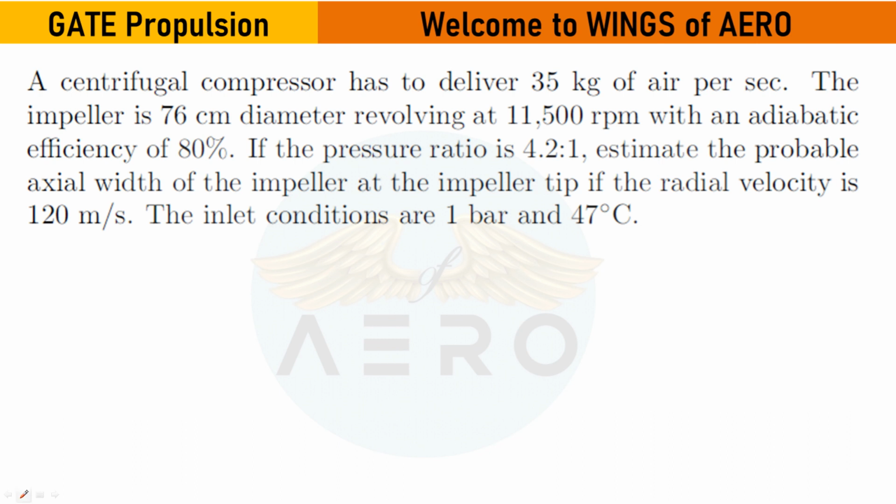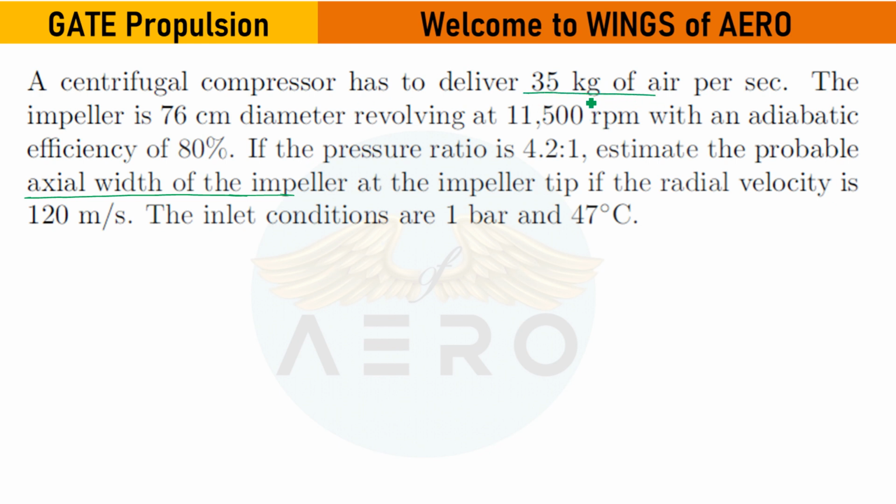Okay, now in this particular problem, first you need to identify what they have asked. They have asked what is the width of the impeller. Now first identify the parameters.